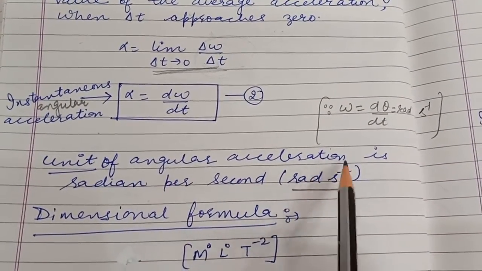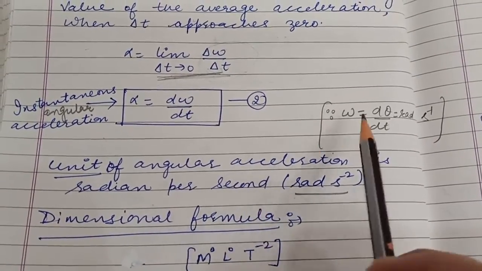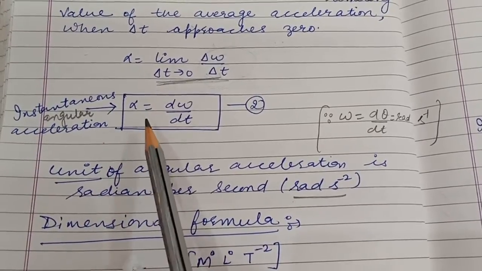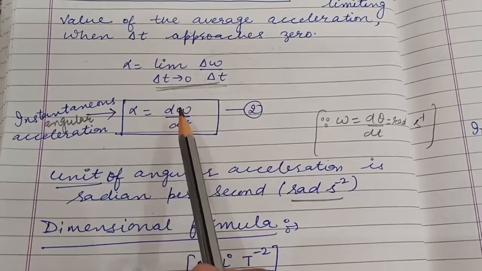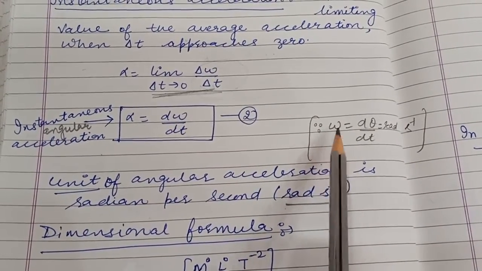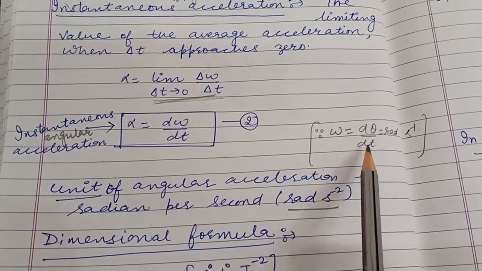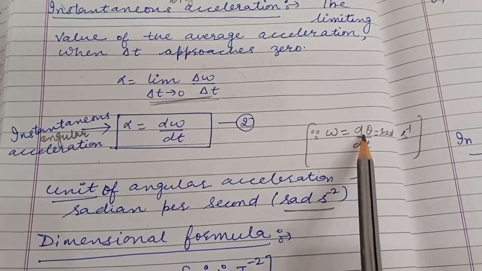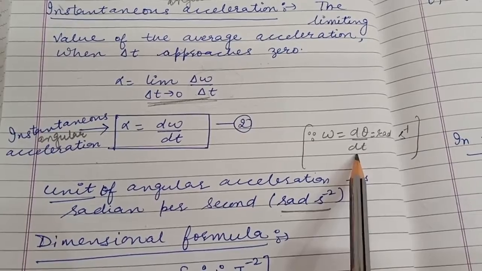Unit of angular acceleration is radian per second square, because alpha, that is the instantaneous angular acceleration, is equal to d omega upon dt. We know omega, that is the angular velocity, is equal to d theta upon dt, means angular displacement upon time, and the unit used for d theta is radian, unit used for time is second.